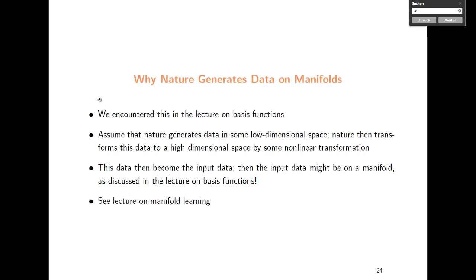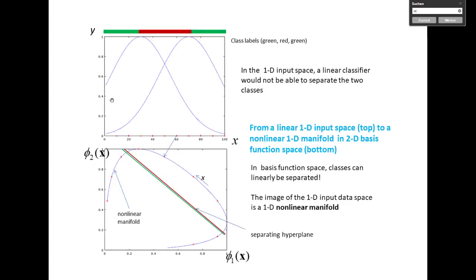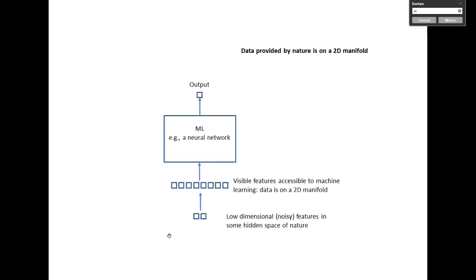So why would nature generate data on a manifold? So let's see, I have some pictures here. Maybe I show the pictures first. So maybe the way nature generates images or something is really by starting from some low dimensions and then generating a high dimensional image from these low dimensions.